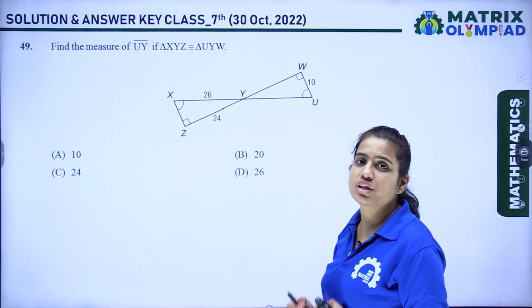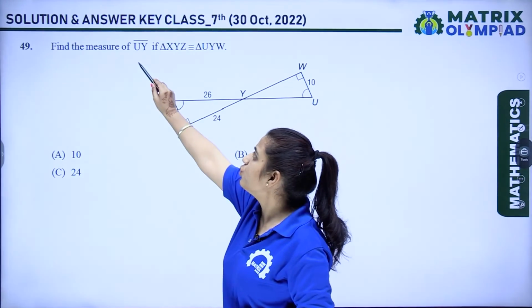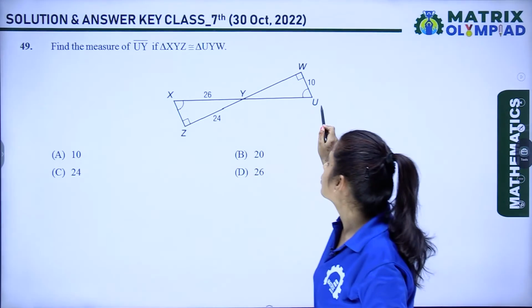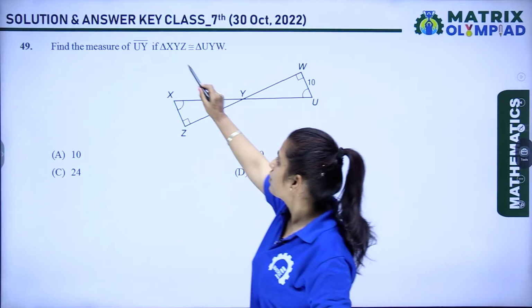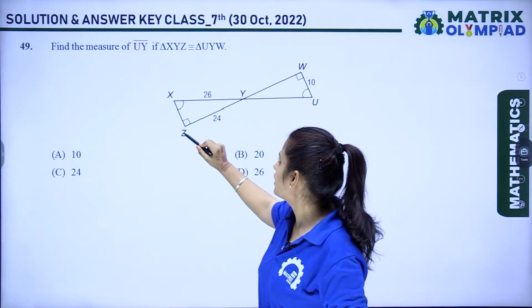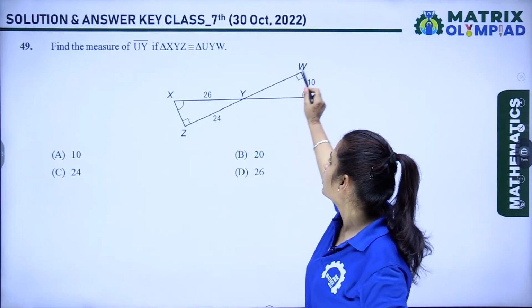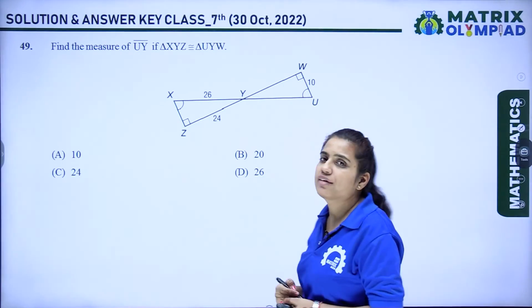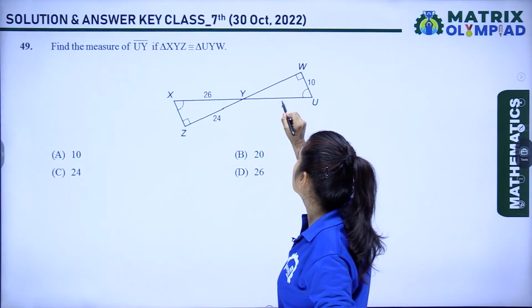Next, question number 49. Here, find the measure of UY. So here, UY is the line segment. If XYZ is congruent to UYW, we have to find out the measurement of UY.